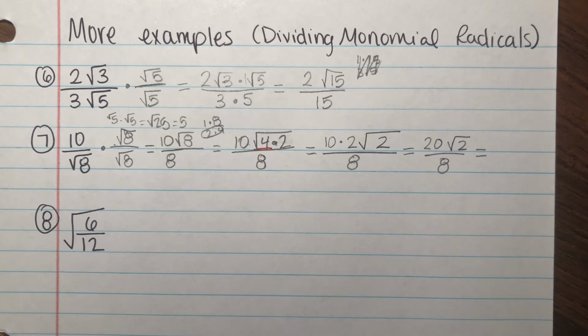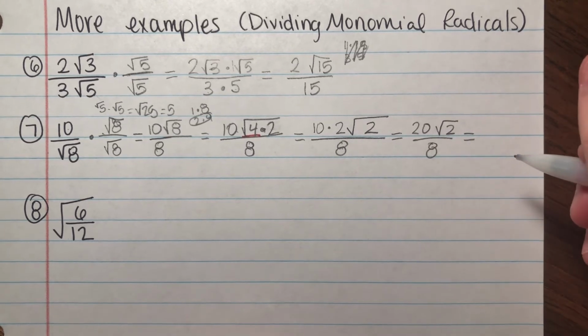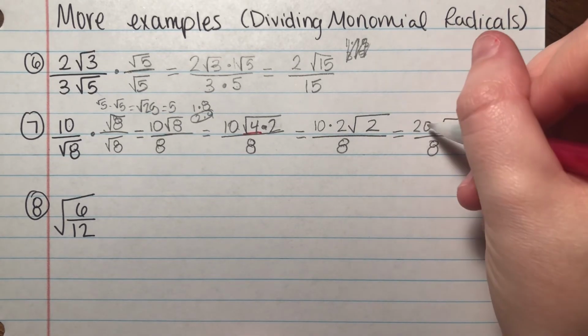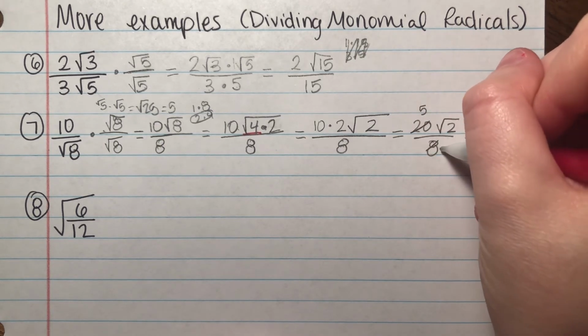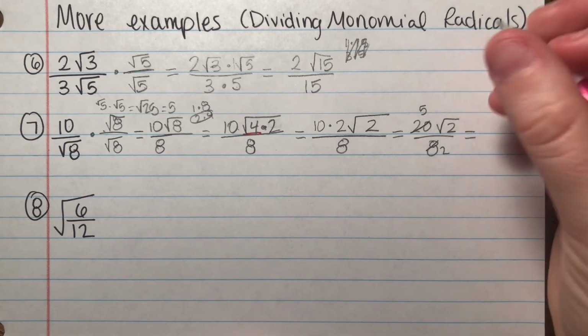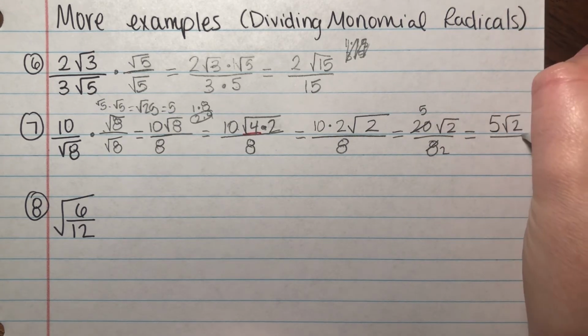Then I simplified my radical. Now I need to check, can I reduce the fraction? So the coefficients here, can I reduce that? Yes, I can. They both have a 4 in common. So if I divide 20 by 4, I get 5. 8 by 4, I get 2. So I would have 5 square root of 2 over 2.